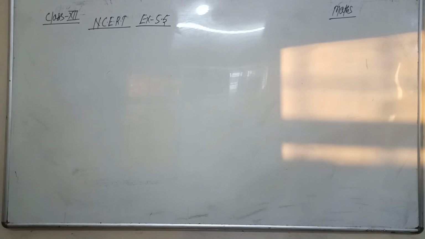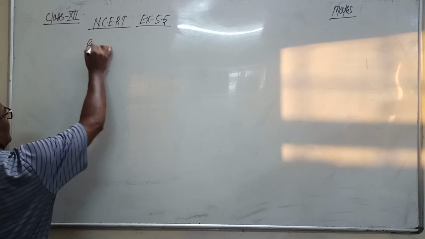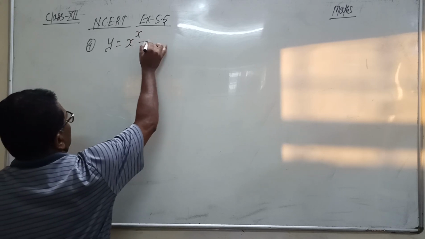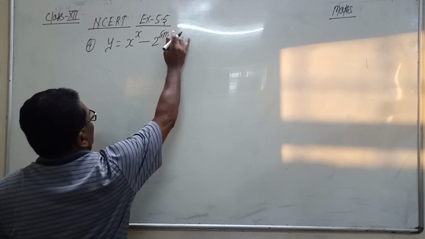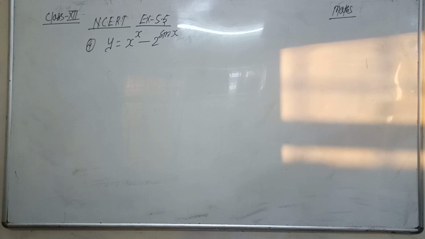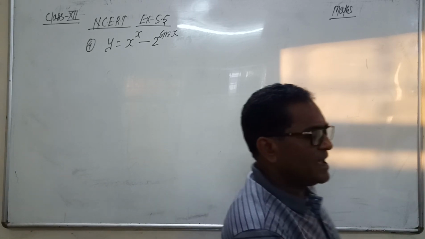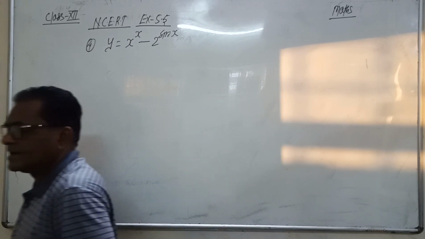Next, question number 4. Important question. y equals x raised to the power x minus 2 raised to the power sin x. So here we have two terms, x raised to the power x and minus 2 raised to the power sin x.